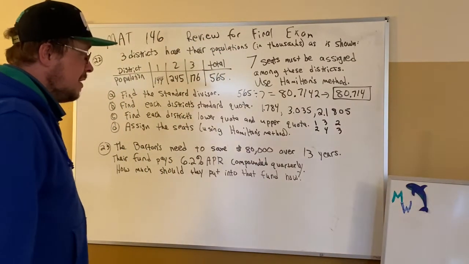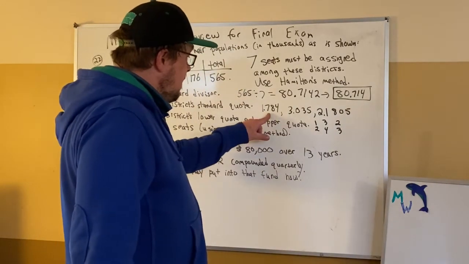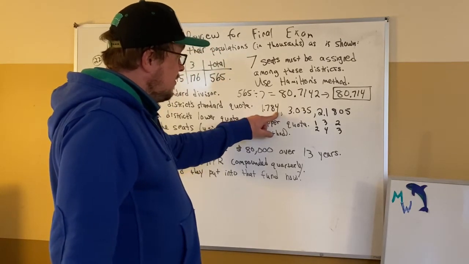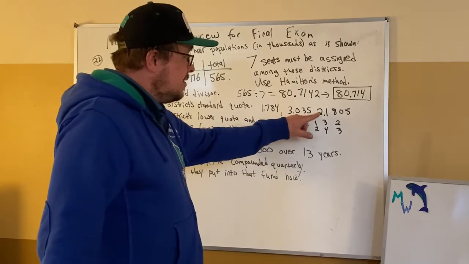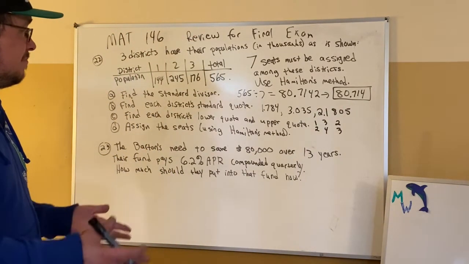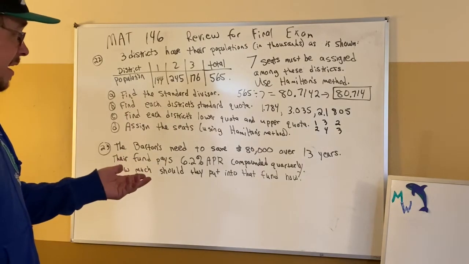This is where Hamilton's method comes in. We would look and we would see that this number has 0.78, this has 0.03, this has 0.18. The decimal digits determine who's closest to getting allocated another seat.